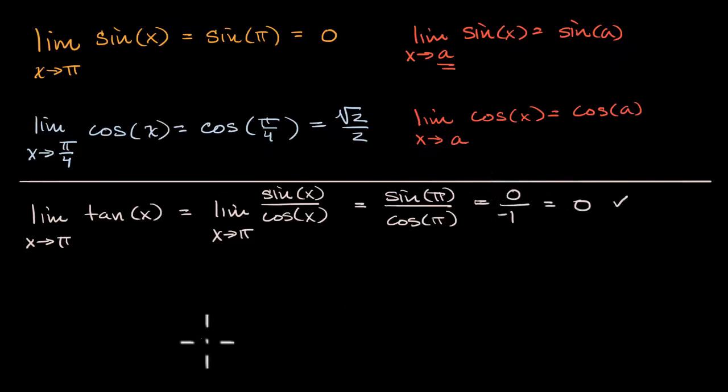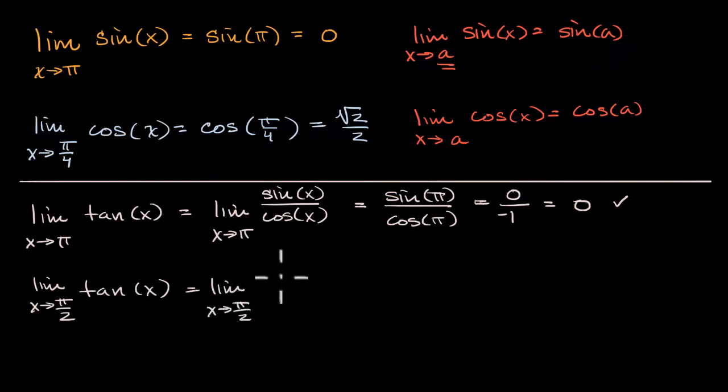That works out. But what is the limit as x approaches pi over 2 of tangent of x? Pause the video and try to work that out. Well, this is the limit as x approaches pi over 2 of sine of x over cosine of x.